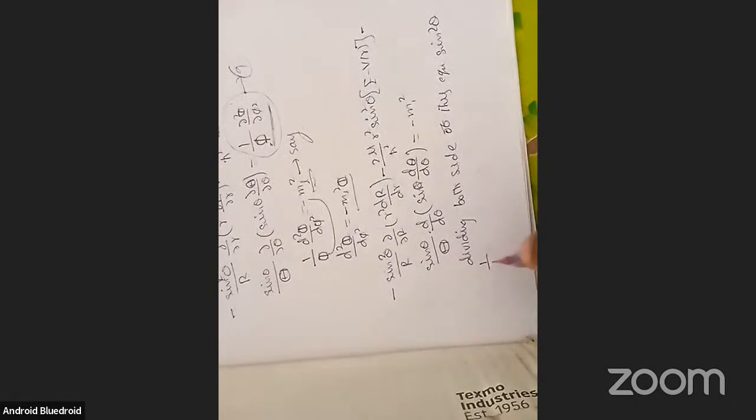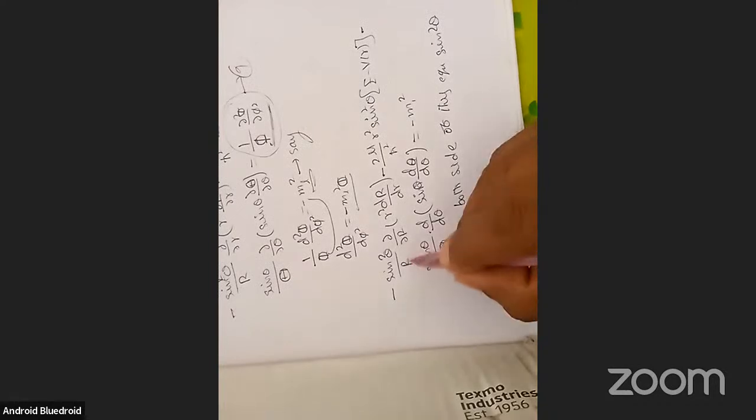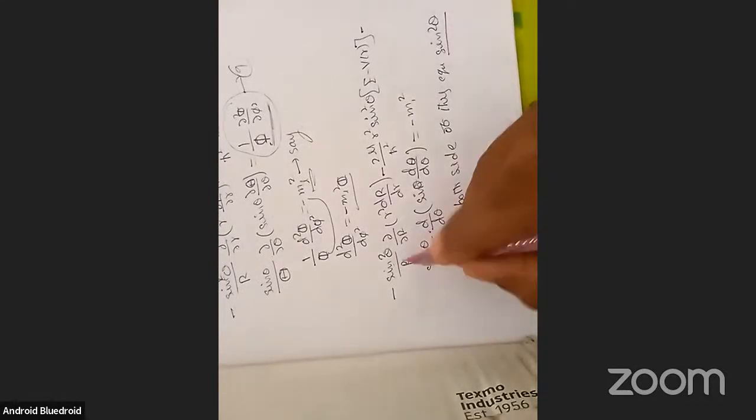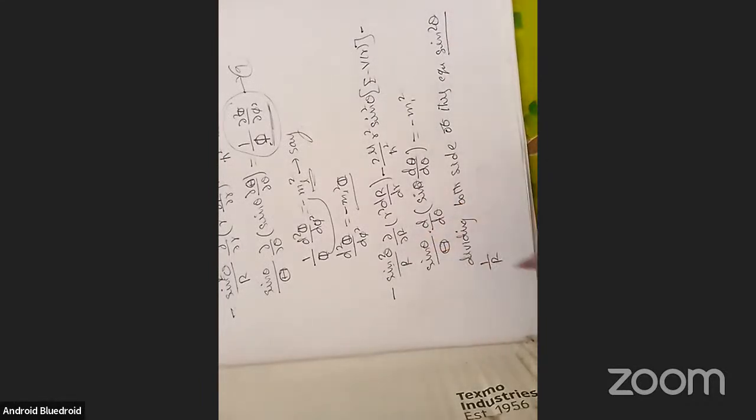Here the sin square theta value cancels. The remaining is 1 by r, d by dr.